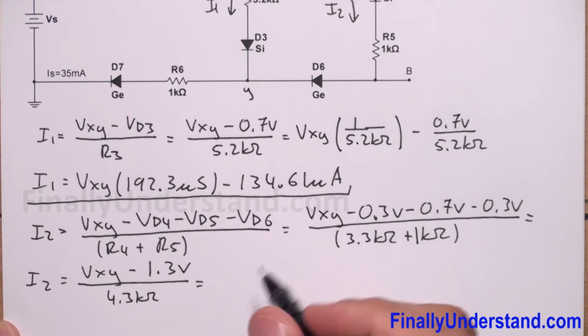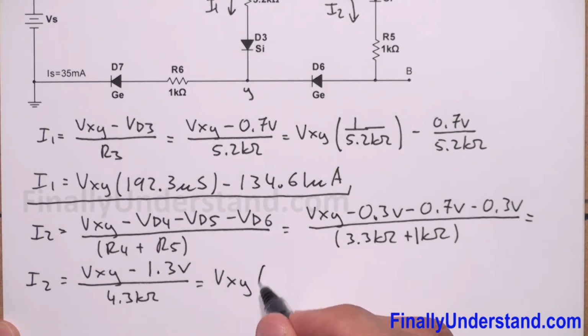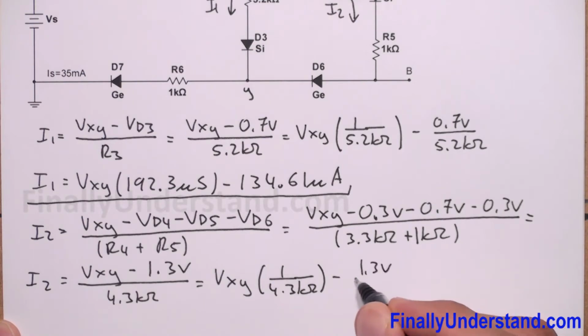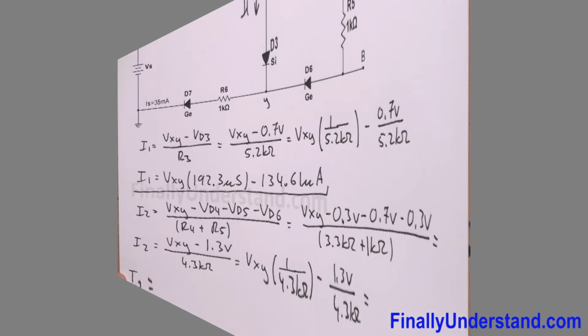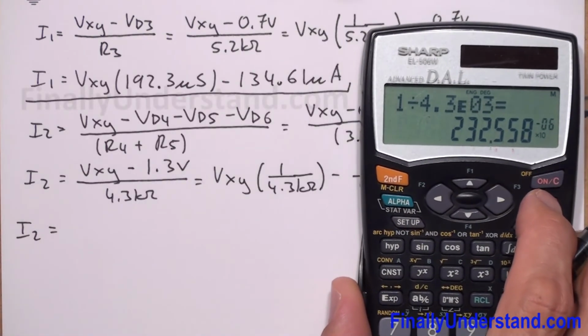I can rewrite this as Vxy times 1 divided by 4.3 kiloohms, minus 1.3 volts divided by 4.3 kiloohms. So I2 is equal to 1 divided by 4.3 exponent 3, which is equal to 232.55 microsiemens.